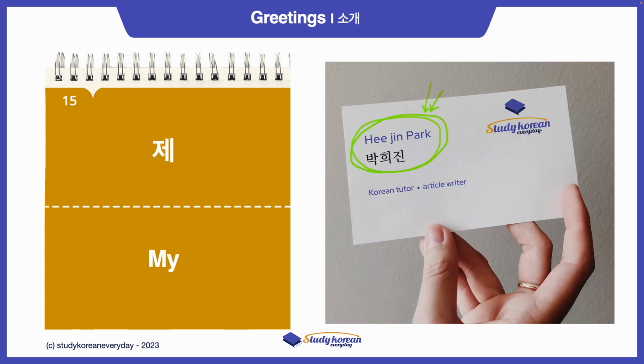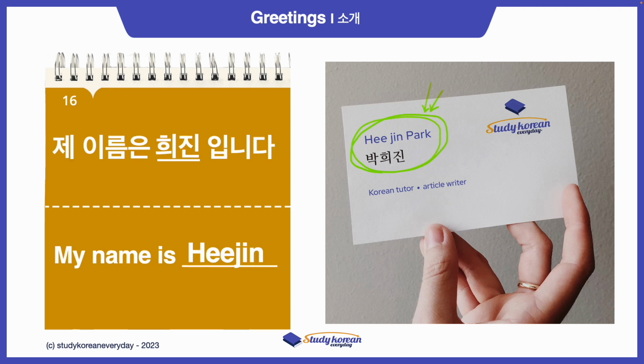Here we go. So this is my business card and my name is written here. So my means 제. 이름 means name. So my name, 제 이름. 제 이름은 희진입니다.